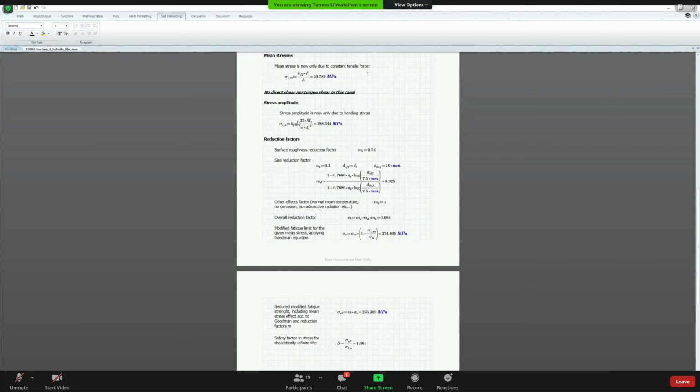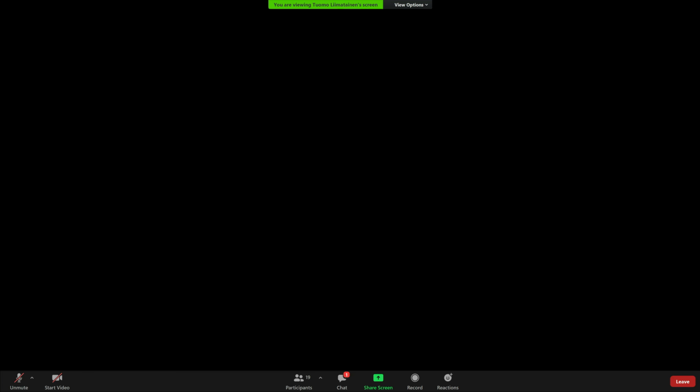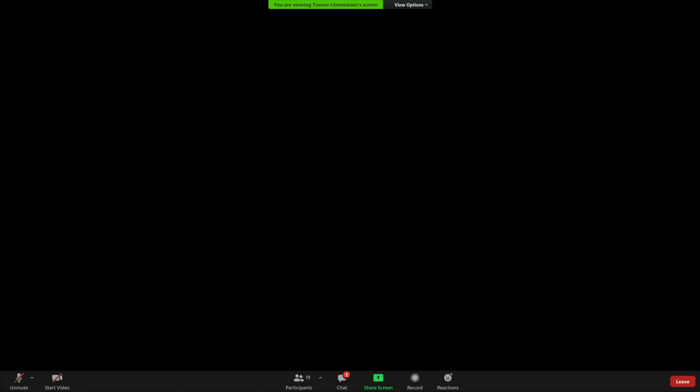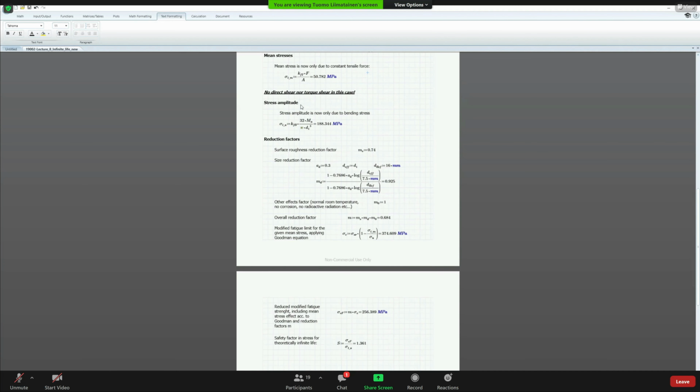If we would have some other stress components induced, like torque, we would need to calculate the amplitude using von Mises. And that is something you will need to do in your project work. You have to calculate the amplitude and also the mean using the von Mises equation, because there's also direct shear and there's also torque shear.